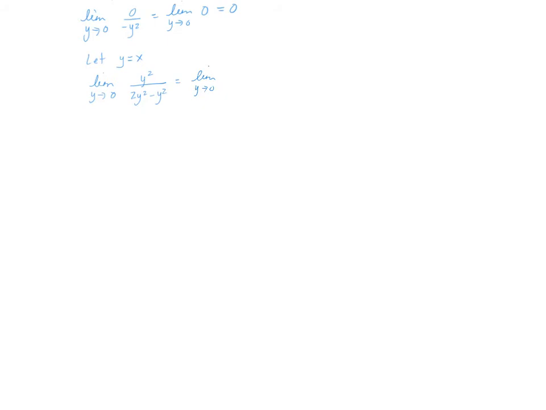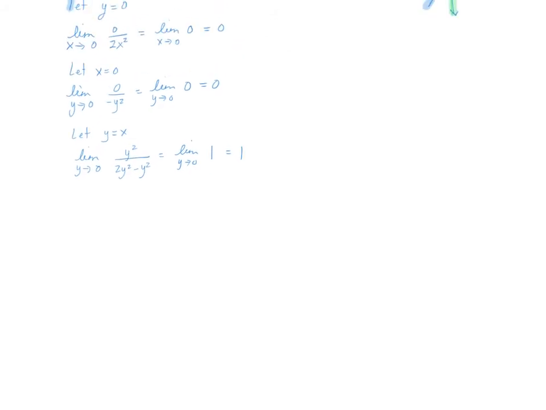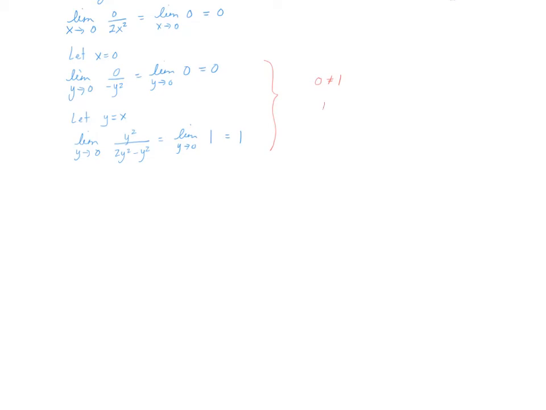That's just 1. So the limit of the constant 1 is equal to 1. And I'm done. Notice that I came from two different paths and I got two different values. So since 0 is not equal to 1, at this point I could say that the limit does not exist.